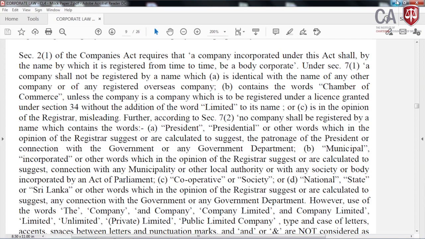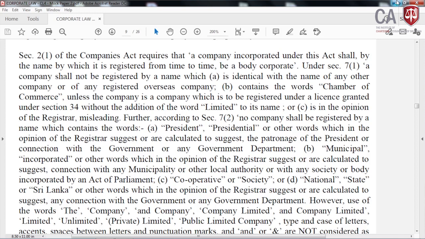Also, the name that contains the words Chamber of Commerce, you cannot take, unless the company is a company to be registered under a license granted under section 34 without the addition of the word limited to its name. That means where the license of registering as a Chamber of Commerce has also been obtained. Or is in the opinion of the registrar misleading.